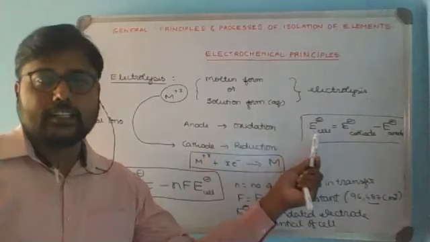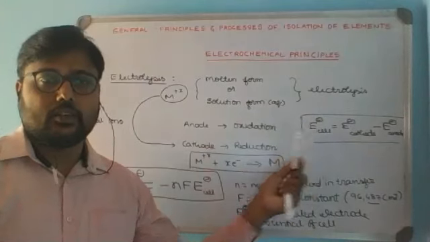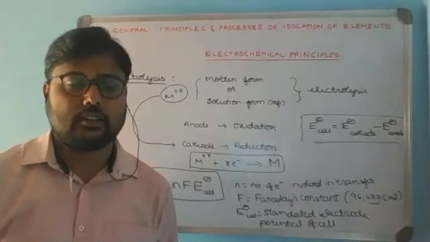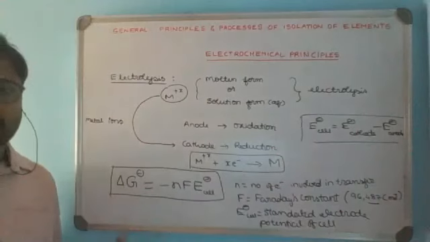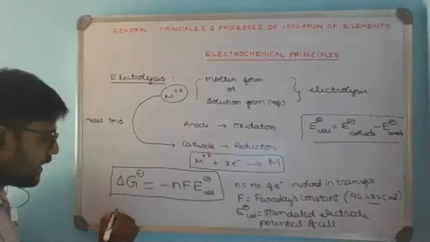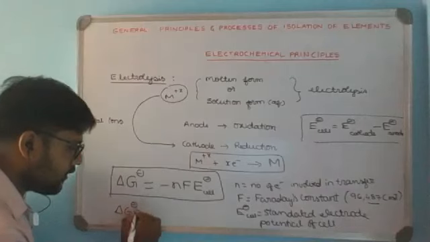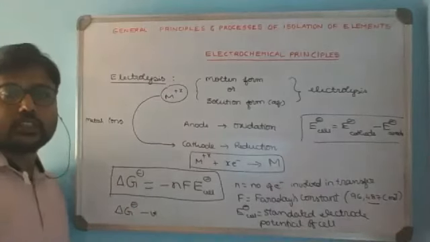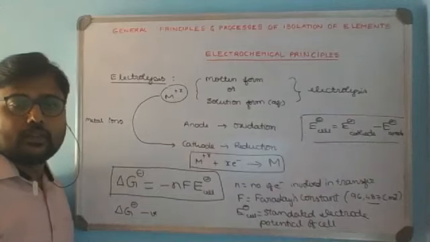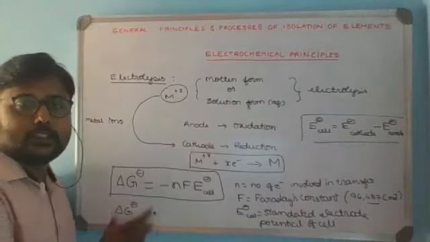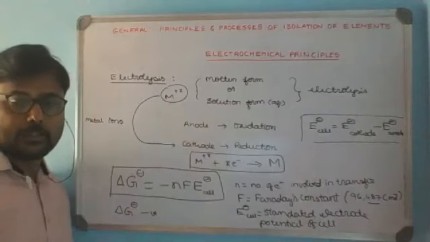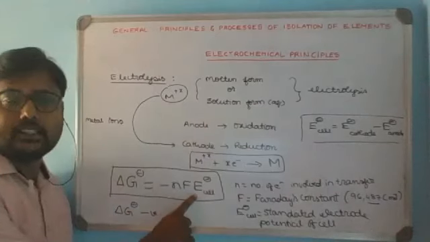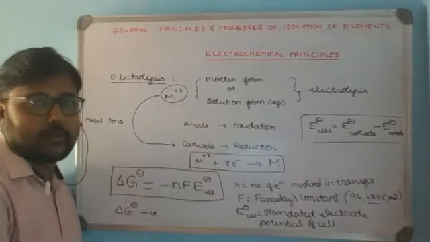Now, after calculating this E0 cell for given metals, you relate it in the equation: if delta G0 is negative, or less than 0, we can say that the process is feasible. So to make reduction possible, you can relate with the sign of the E0 cell.